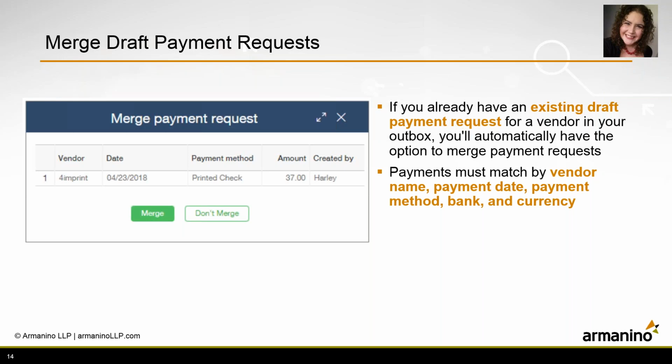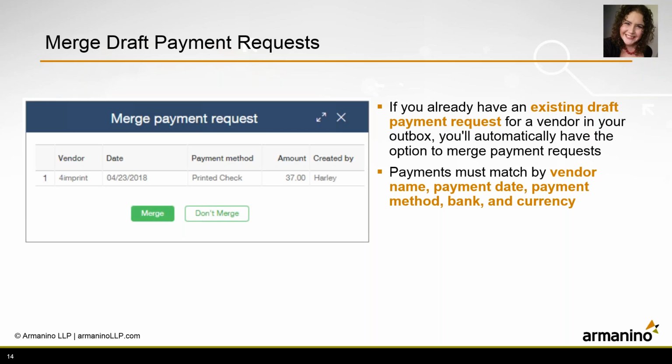So when you add things to the outbox in the previous version prior to this release, if you added a vendor bill for Armanino 3 days ago and then you added another one, it would cut 2 checks instead of combining them, even if your preference was to have all of the invoices consolidated onto one check to save your check stock. So with this release, they've given you the option.